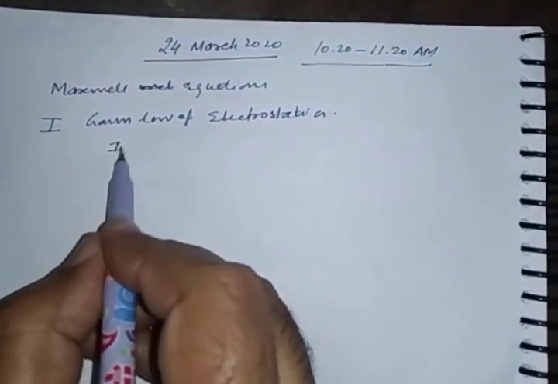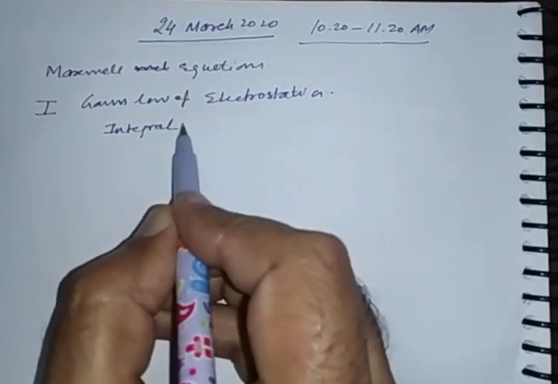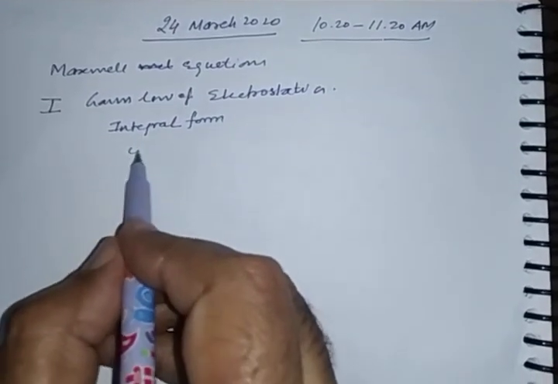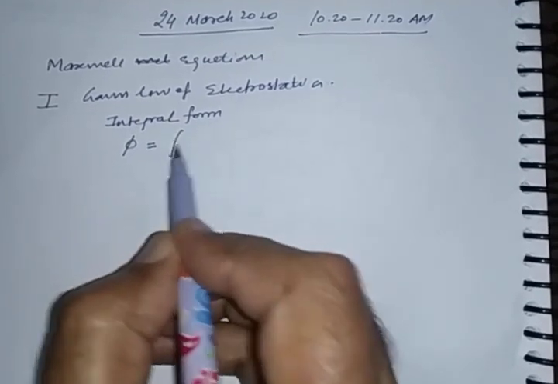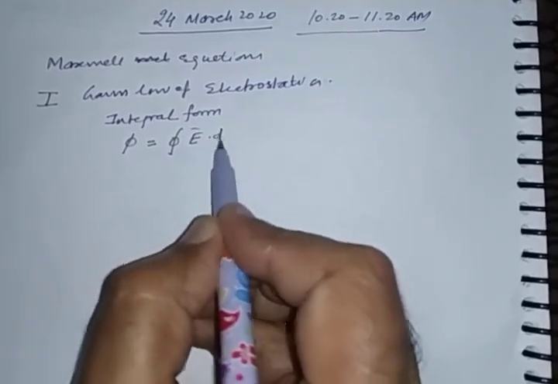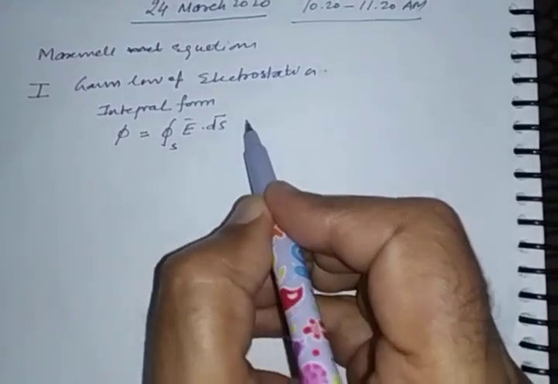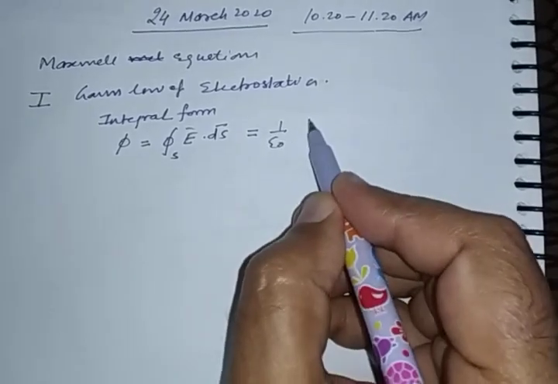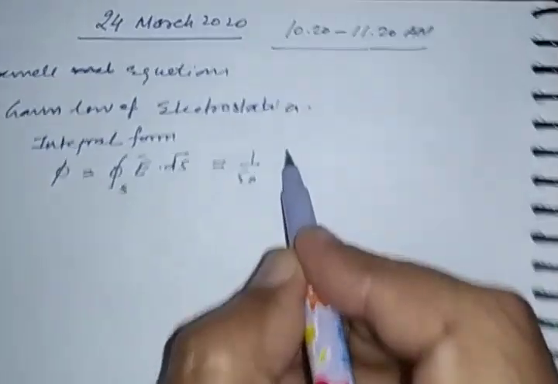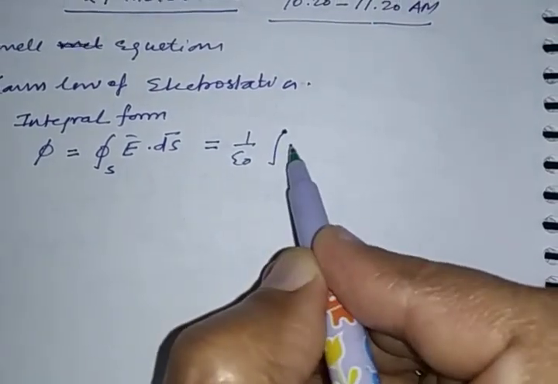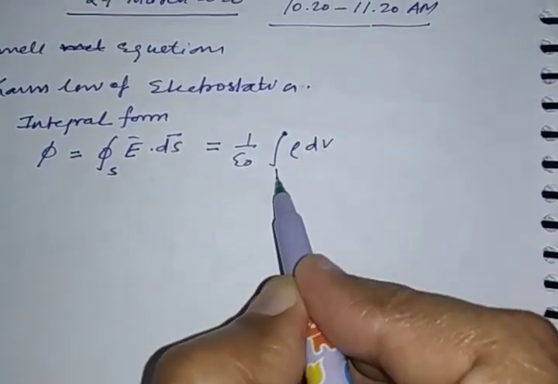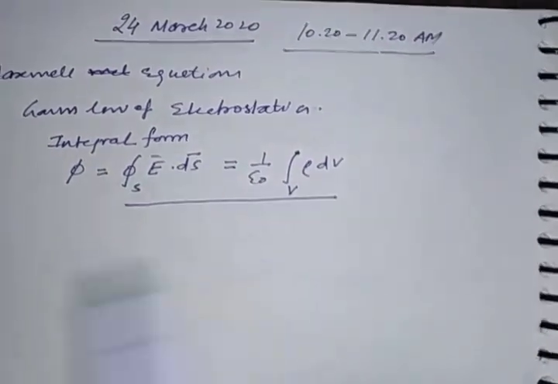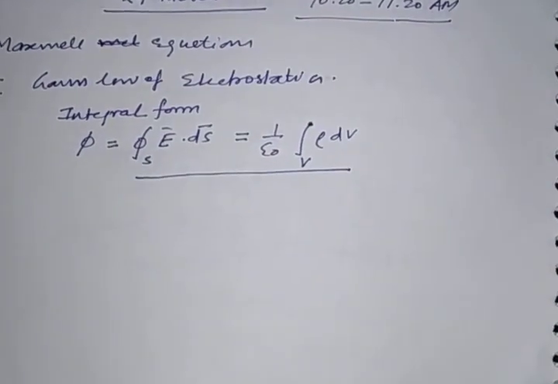The integral form of Gauss law of electrostatics says that the flux, which is E dot ds around the closed surface, will be equal to 1 by epsilon naught times the charge enclosed. So this is the integral form of the first Maxwell equation.